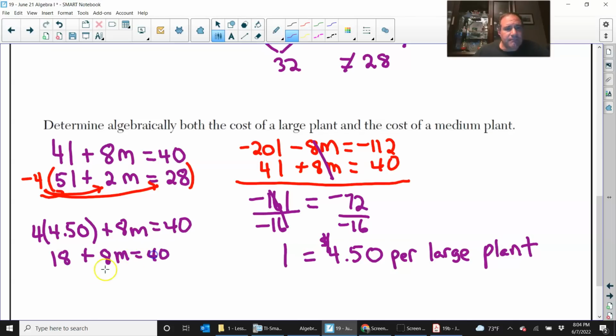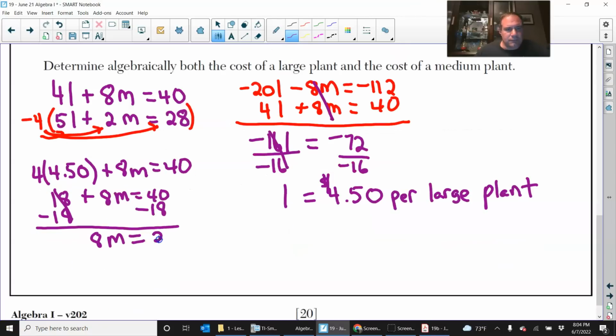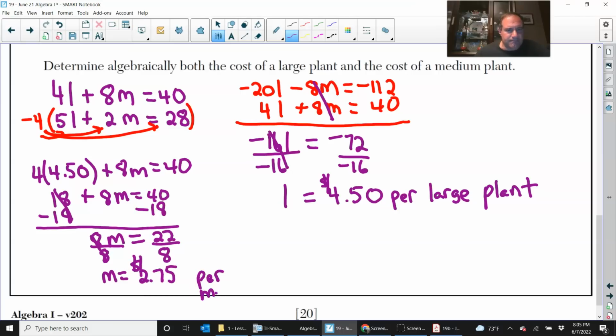I'm solving for M, which is the cost of the medium plant. Minus 18, this cancels. You have 8M equals 22. You divide that by 8. This cancels. M equals 2.75 per medium plant.